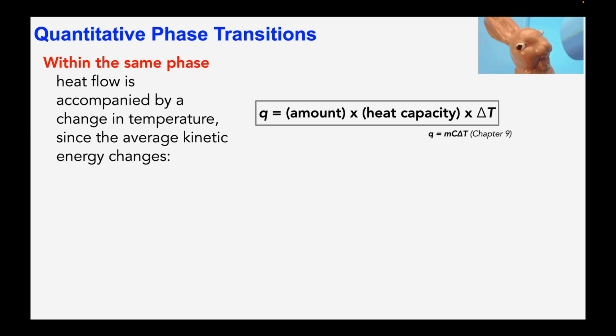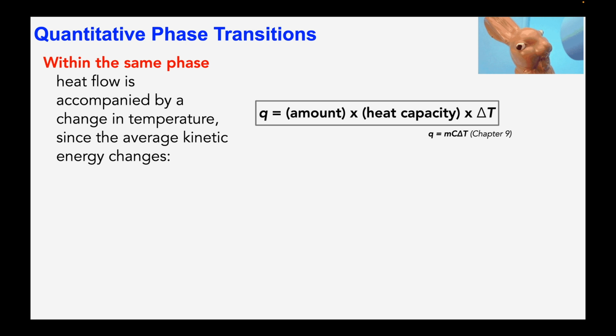Within the same phase of a substance, you can figure out the energy required by using Q equals mc delta T. And c was the specific heat capacity for the substance. The amount m is usually measured in grams, and delta T will be the final minus the initial temperature for the substance. So Q equals mc delta T works really well if you keep it in the same phase.